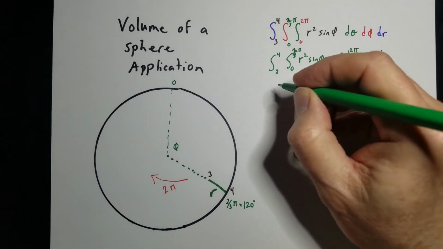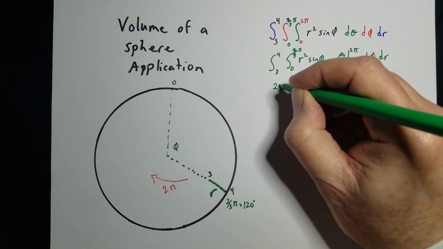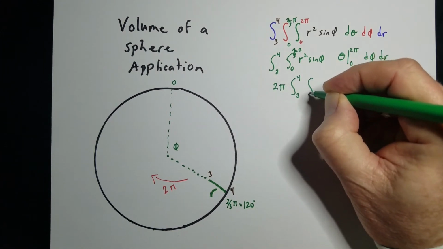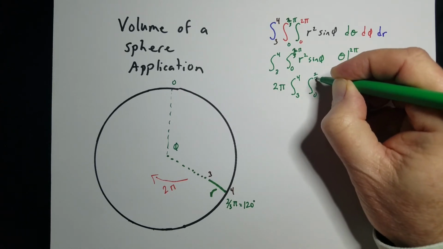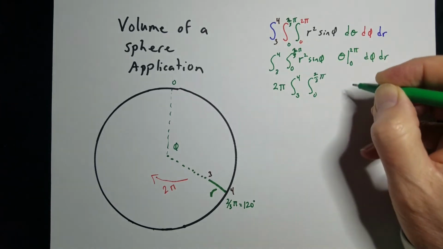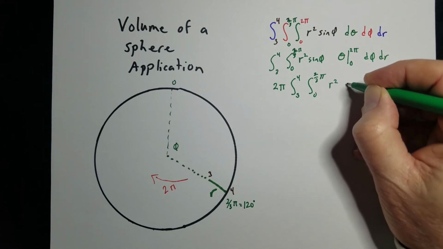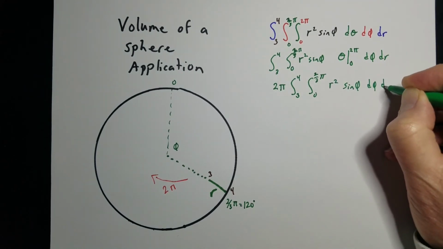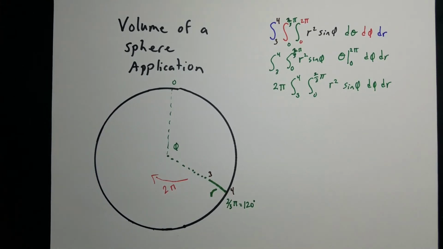So I'm going to go ahead and bring that out. 2 pi. Here we go from 3 to 4. Here we go from 0 to 2/3 pi, r squared sine of phi d phi dr. Now let's go ahead and take care of phi.